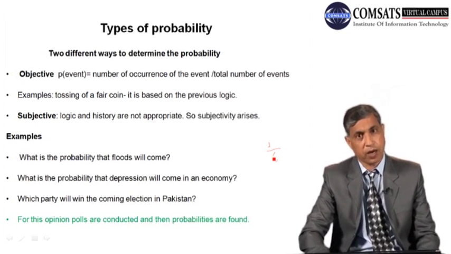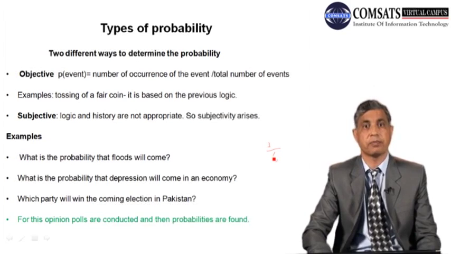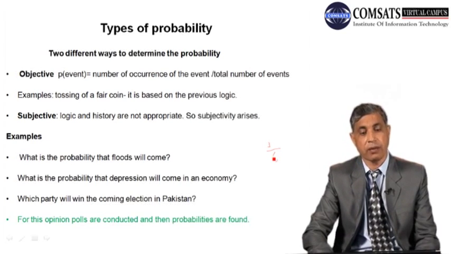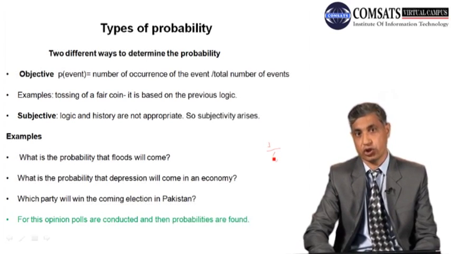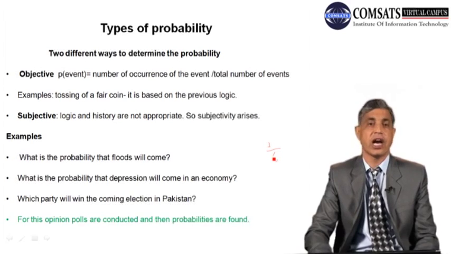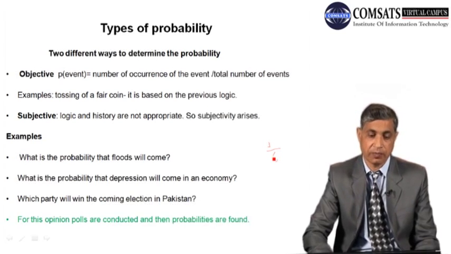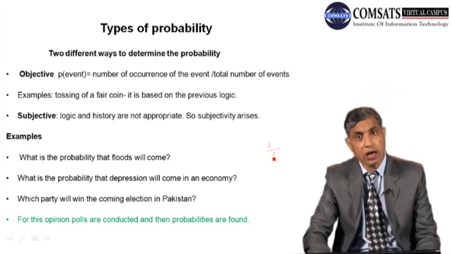What is the subjective probability? We have no logic from the history or the previous phenomena, because this phenomenon is not happening in a calculated way, and we can't say that the probability of happening of this event is such. For example, what is the probability that floods will come?